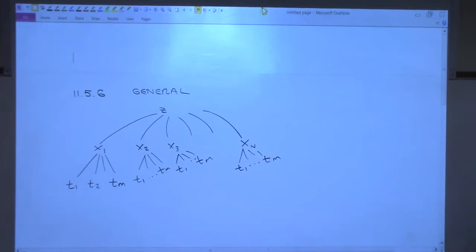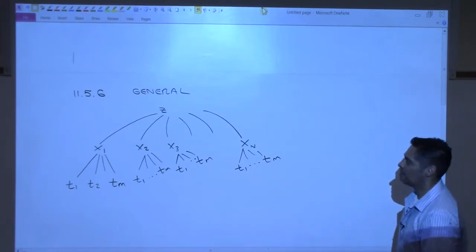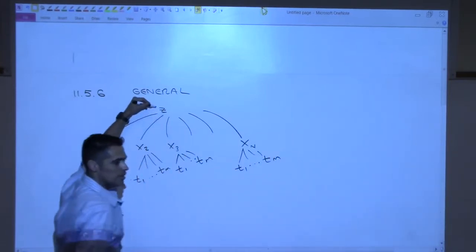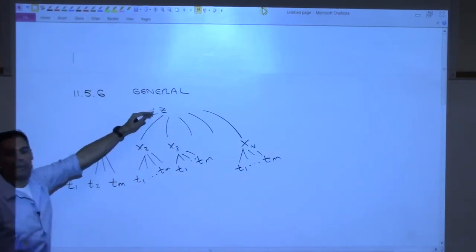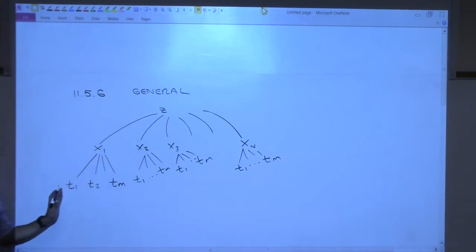What derivatives would be possible here? What derivatives would be possible? So z. What does z depend on here? It depends ultimately on T1, 2, 3, all the way to Tm, right?